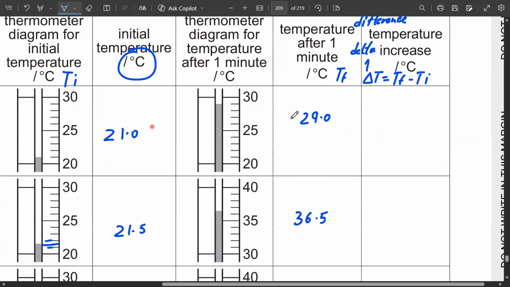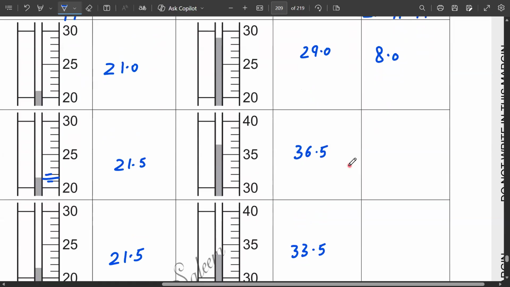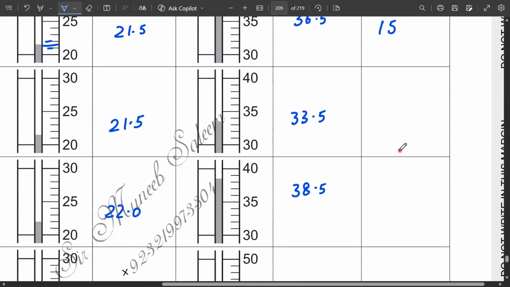So for the first case, it is 29 minus 21. So it is equal to 8.0 degree. And the next one is 36.5 minus 21.5. So it is equivalent to 15. And next, 33.5 minus 21.5 is 12.